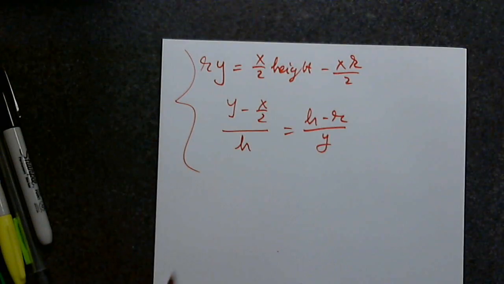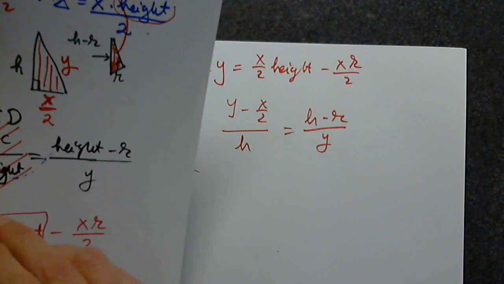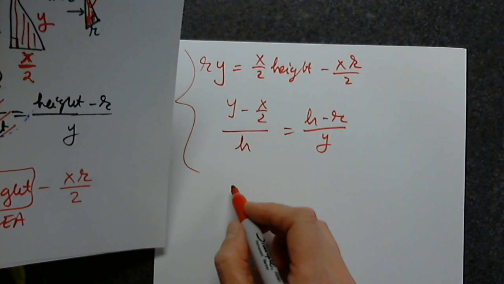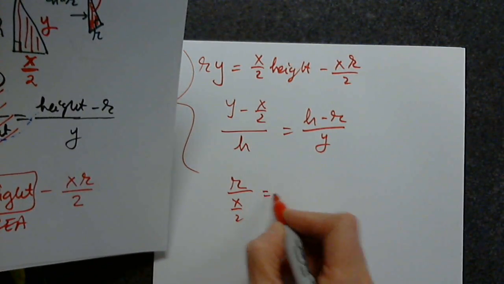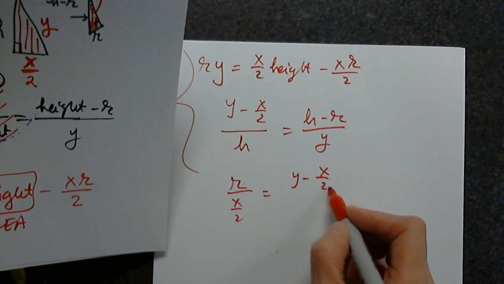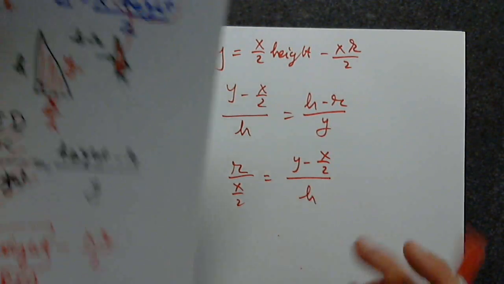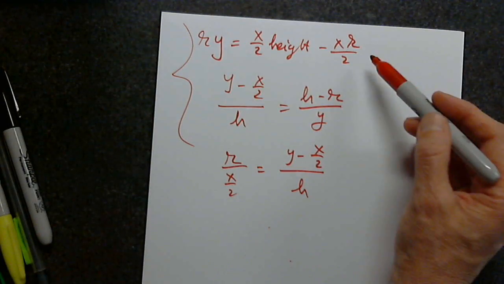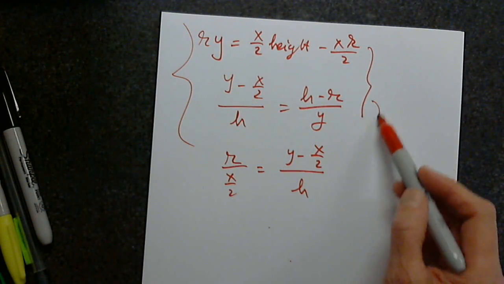So these are basically the two equations that I can look at. Or I can also look at r over x over 2 equals y minus x over 2 divided by the height. I cannot do both because otherwise I'll go in circles. So either these two or these two.